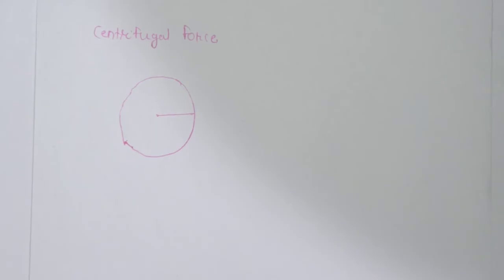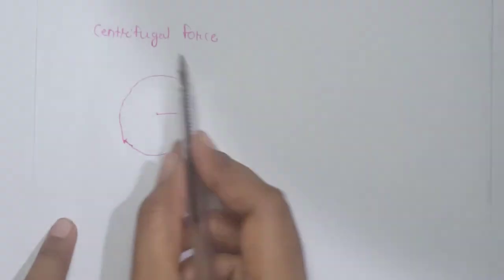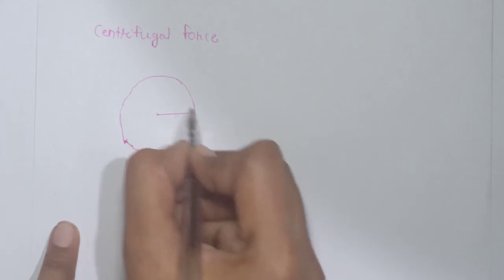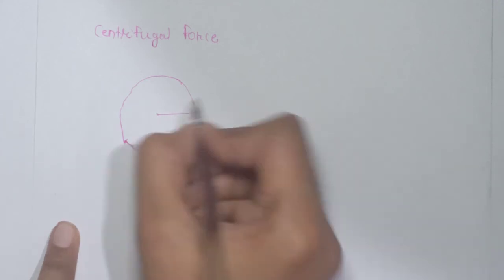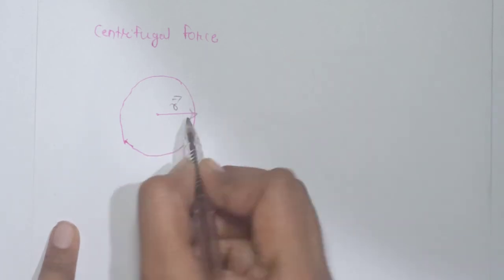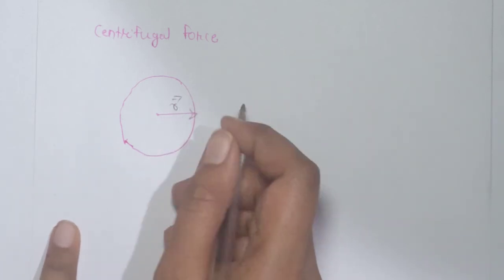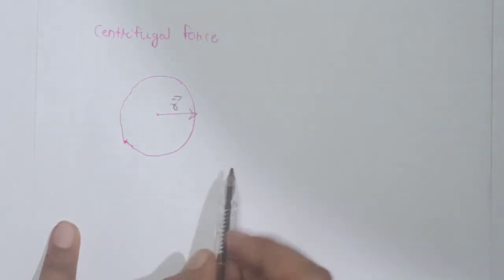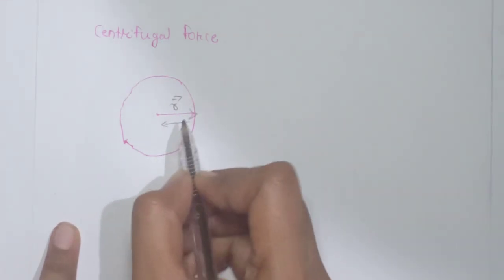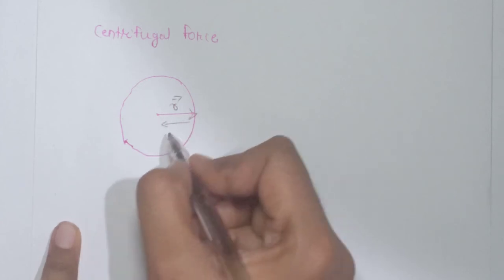This can be represented as follows. If a body is performing circular motion, as we have studied earlier, this gives the direction of position vector r. If we consider only the force, you will find that the centripetal force is toward the center of the circle.